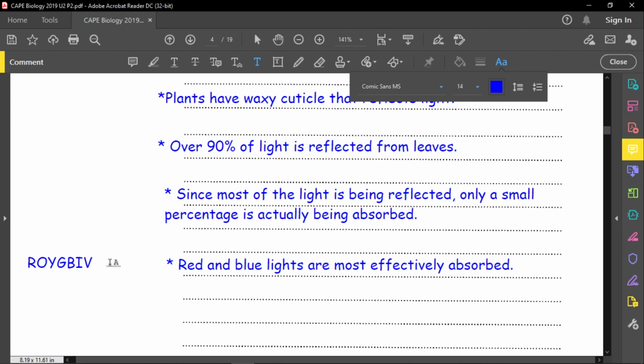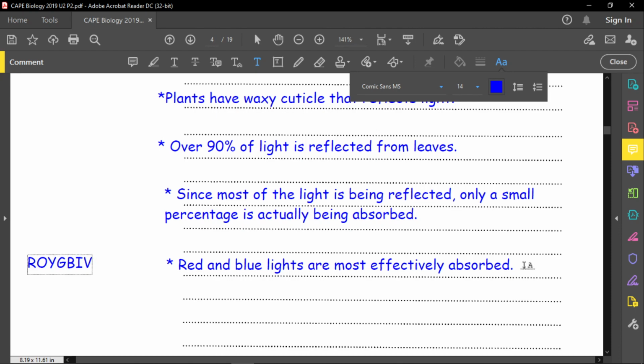Out of the 7 colors, red and blue are the most effectively absorbed by green plants, and so the other colors are pretty much wasted for the most part. They are absorbed, but they are much less effectively used compared to red and blue light.